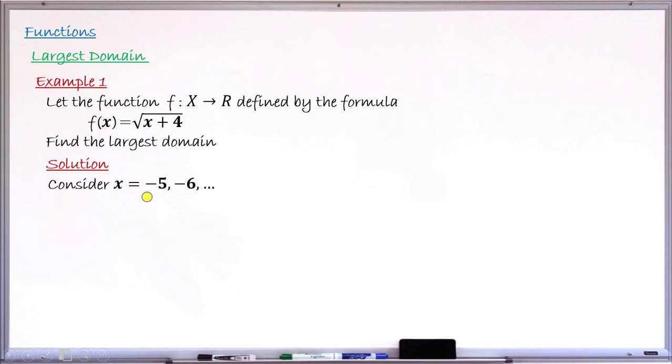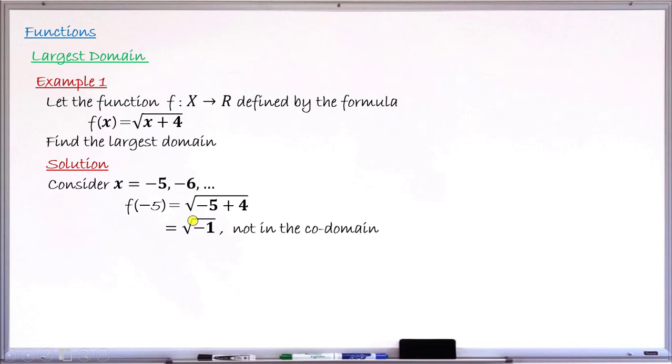Substituting x by minus 5 in the formula, I'm trying to find the image of minus 5. So I replace the x by minus 5 in this formula, and I have the square root of minus 5 plus 4. And minus 5 plus 4 gives the answer minus 1.